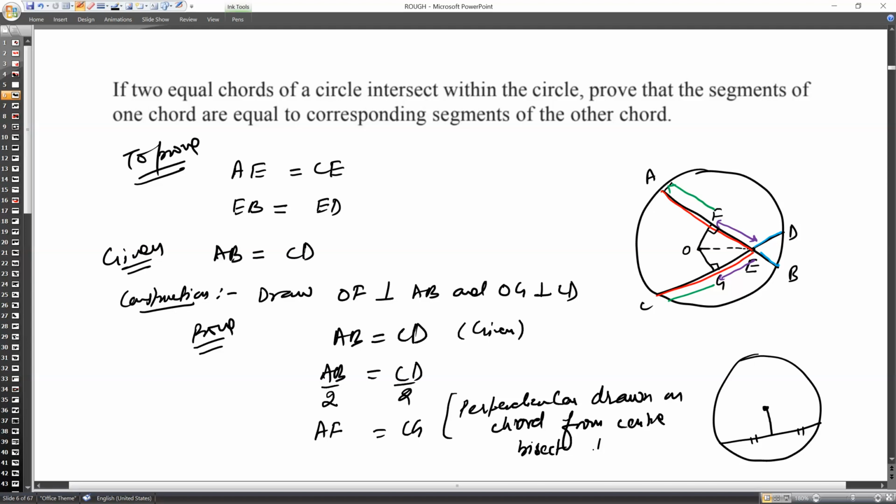This is the theorem: if you draw a perpendicular on a chord, it is going to bisect the chord. So AF is equal to FB.